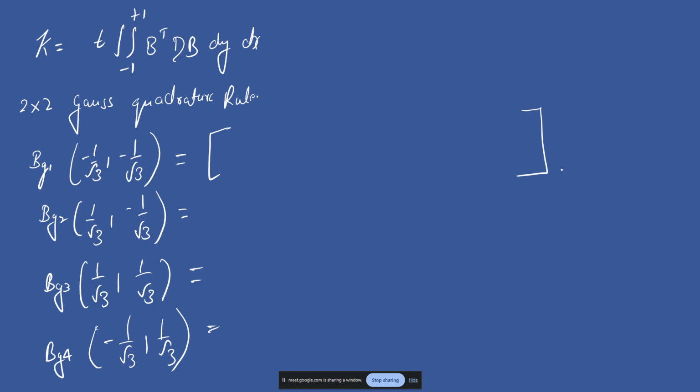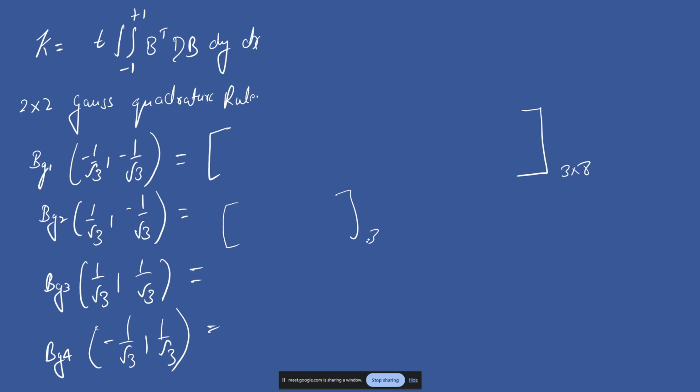So this is your 3 by 8 matrix, this is also your 3 by 8 matrix, this is your 3 by 8 matrix, and this is your 3 by 8 matrix. Once you have this, you can calculate for all the four Gauss points.